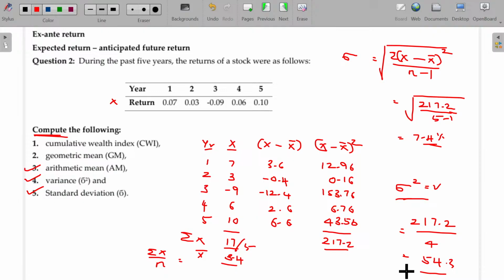So 3.4 plus 7.4 means it's almost 11%. In the worst scenario, 3.4 minus 7.4, you will face loss also. So that's how you can make the decision. So your expected return in this business is 3.4, may go up by another 7.4 in addition to that, or be weaker by another 7.4. This is what the standard deviation tells.